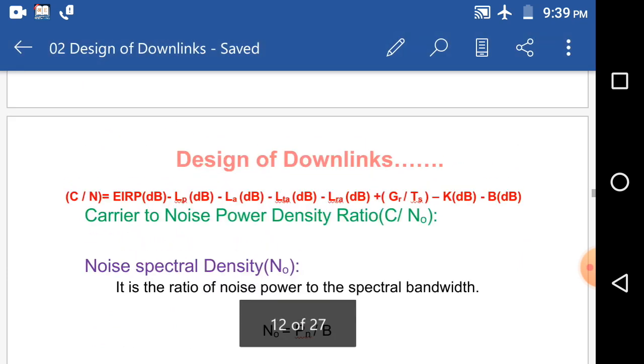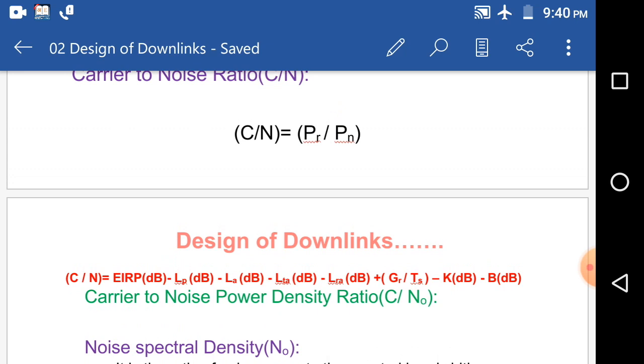Which is nothing but C by N equals EIRP in dB, minus path loss in dB, minus atmospheric loss in dB, minus transmitting antenna loss in dB, minus receiving antenna loss in dB, plus G by T ratio in dB, or in terms of normal, minus Boltzmann constant in dB minus noise bandwidth in dB.